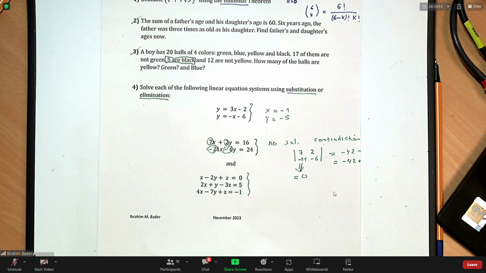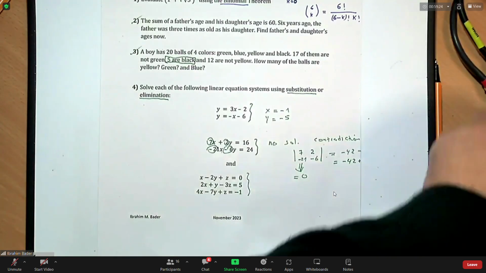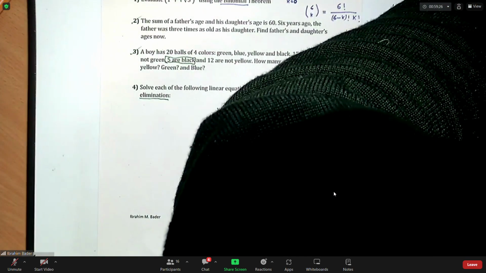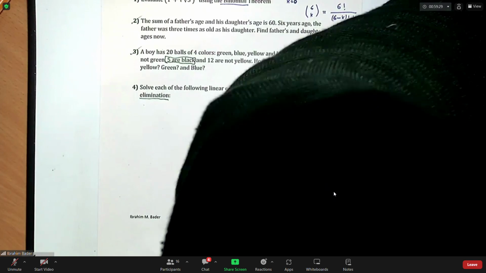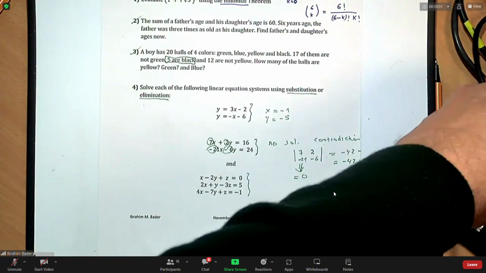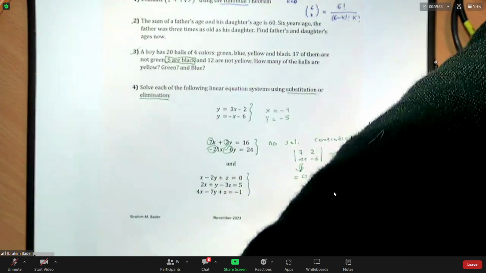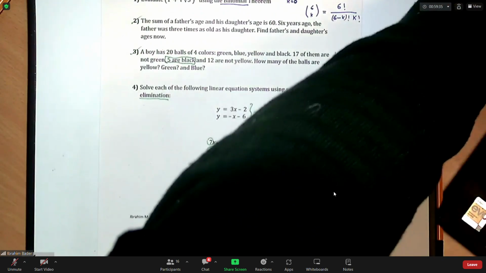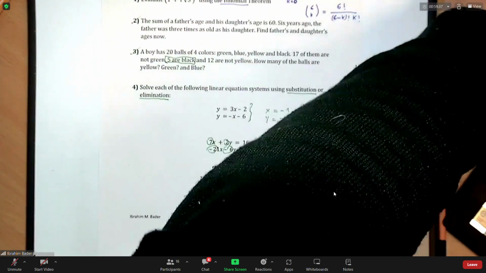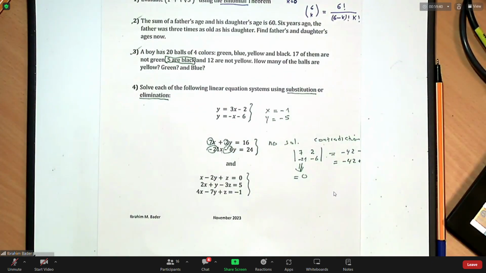Because if it's 0, it means that the equations have linear dependency, and this is not allowed. Okay, no solution.